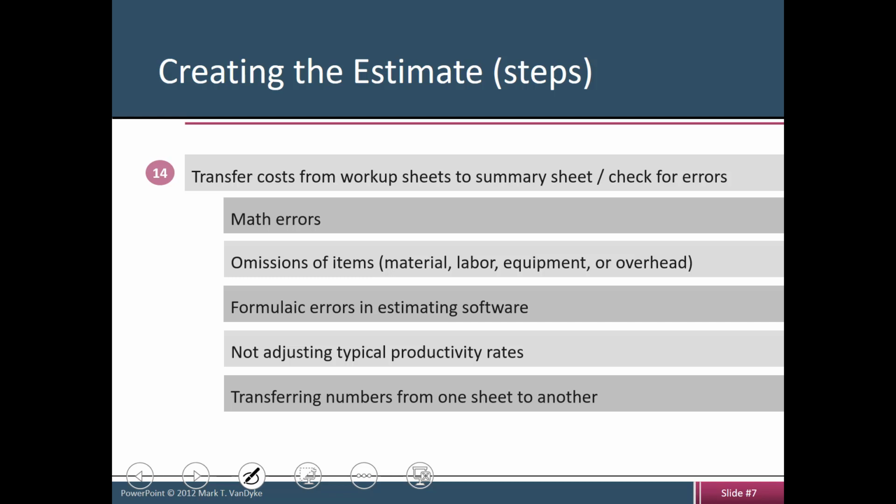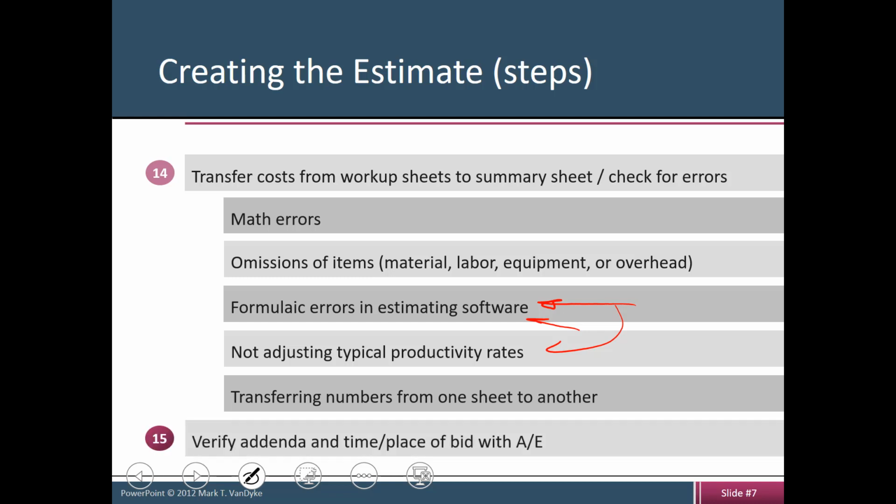This is very, very common and easily happens when you're working on an estimating package. Remind me that I tell you a story about this in class, especially how easily something very simple and rudimentary can get in the way of you getting a job.